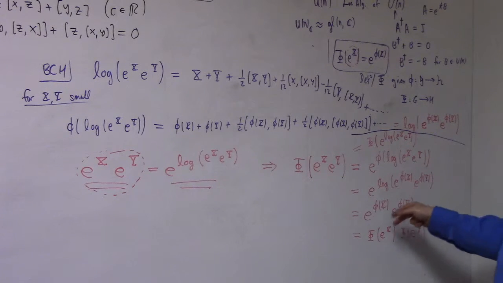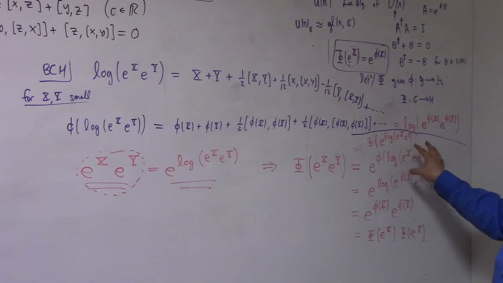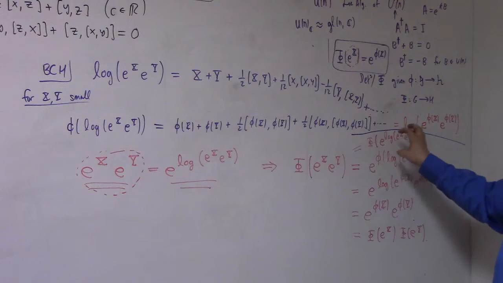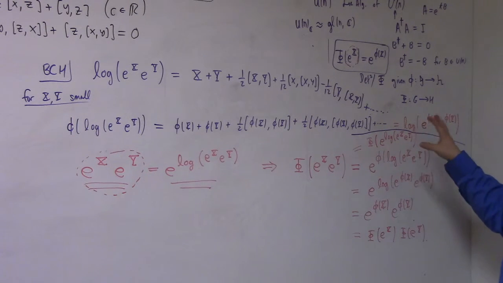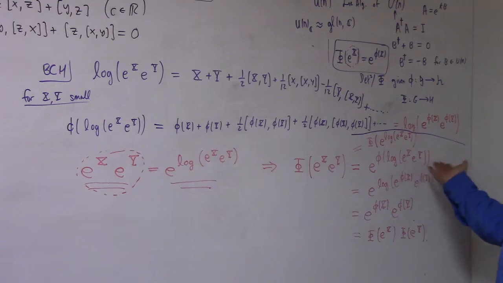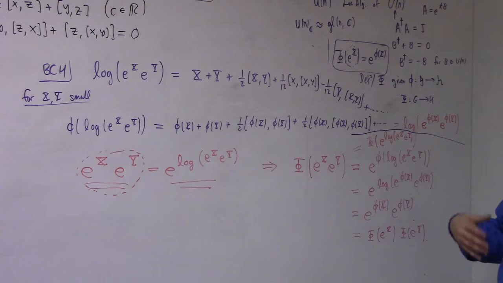And moreover, here you're looking at e to the phi of stuff. So this is like an exponential of an h element. This is like e to the frac h that we're thinking of as being the big H also. So it all makes sense. This is something in another Lie group that is formed by the exponential of the frac h.